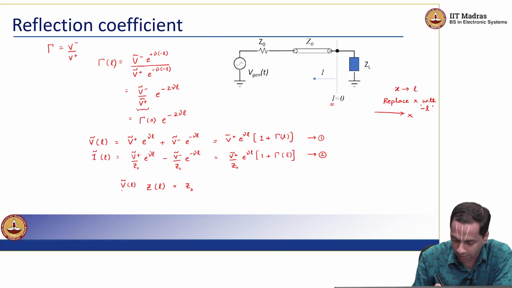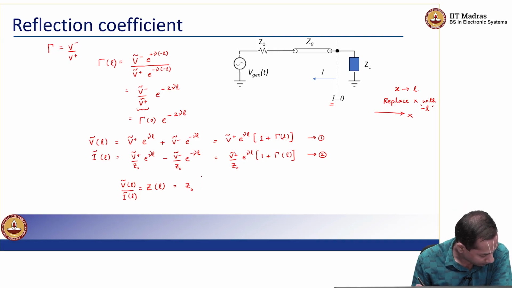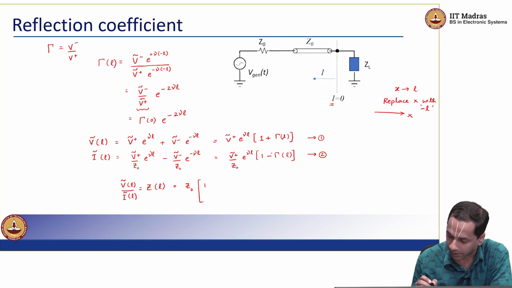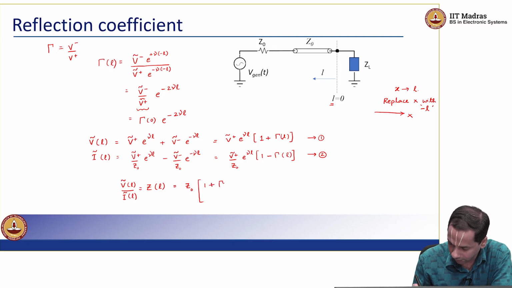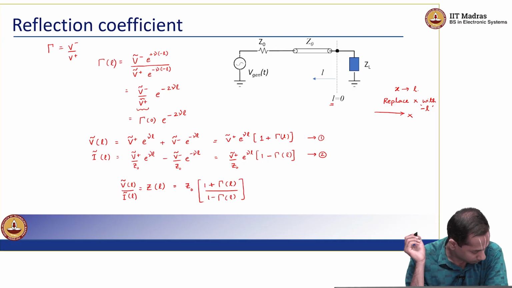So I'm just taking the phasor values for voltage and current, which are now length dependent, and evaluating the impedance, which is now a function of L, which turns out to be Z naught times, this is a minus here, right?